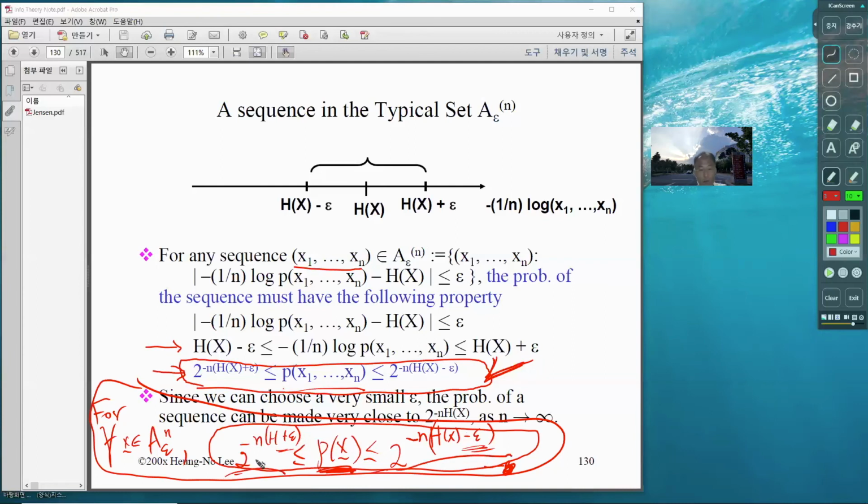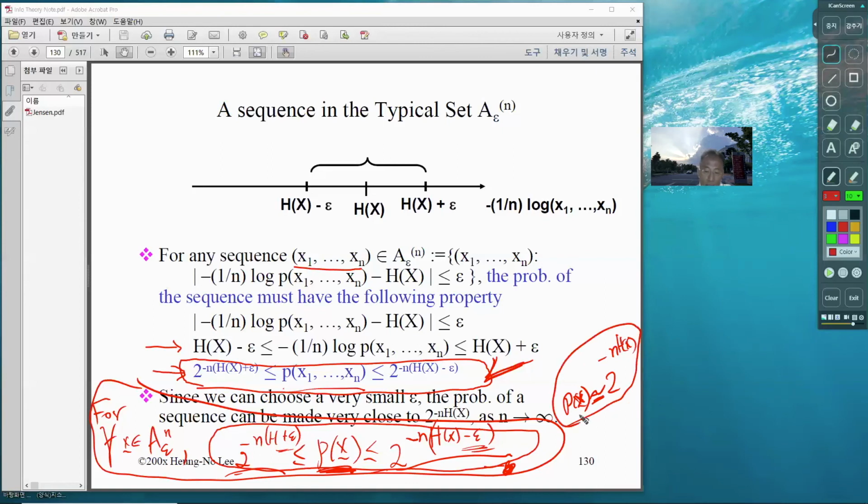So if we choose epsilon to be very small, we can find a large enough n, so P of X is about this much. That is what I mean.